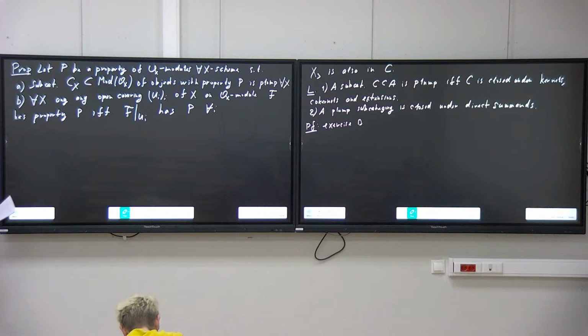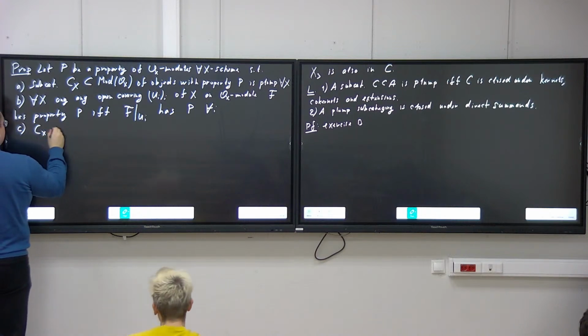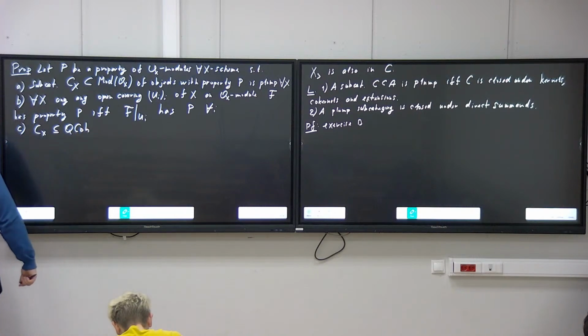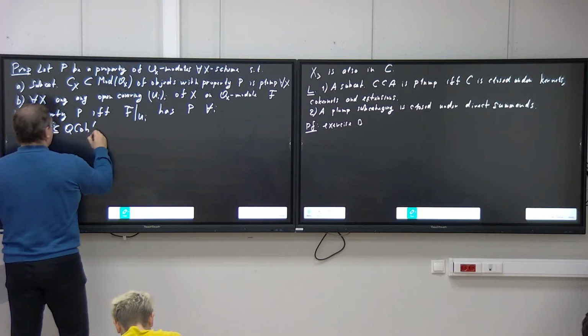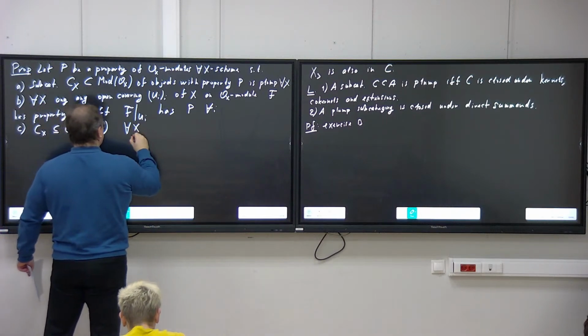And the last condition, which is much easier to formulate, is that C_X is always a subclass of the quasi-coherent modules on X, and that's again for any scheme X.